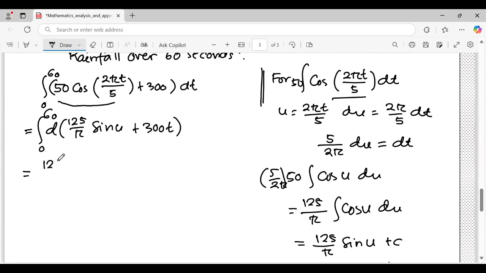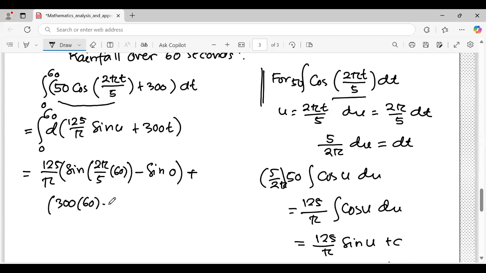The next step is to substitute 60 and 0 into this integral. It's going to be 125 over pi sine(2 pi over 5 times 60) minus sine 0, because it becomes 0 times 2 pi over 5 equals 0, plus 300 times 60 minus 300 times 0.